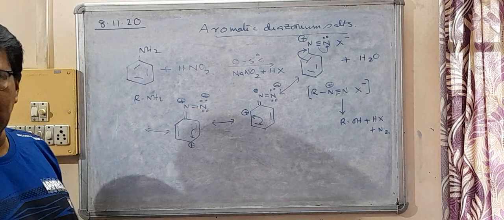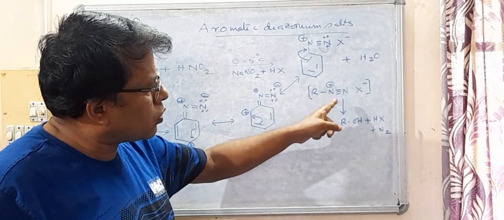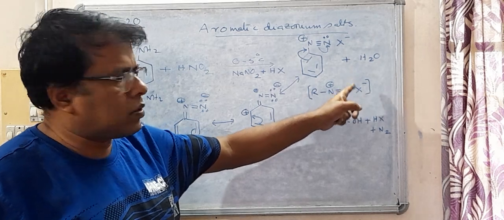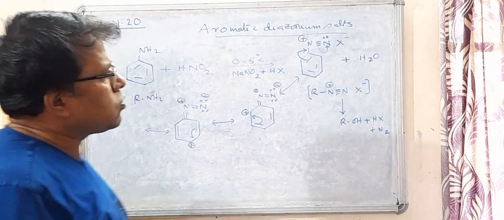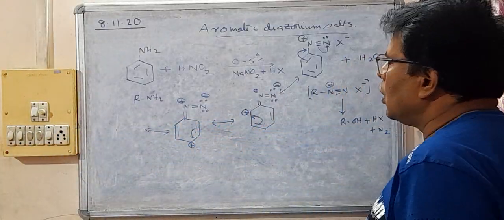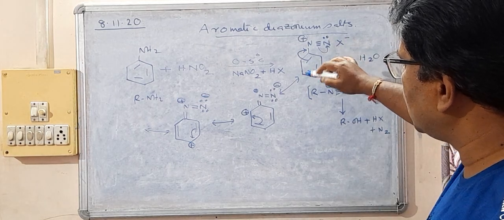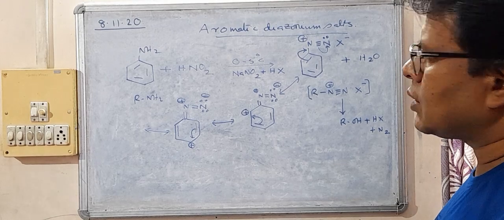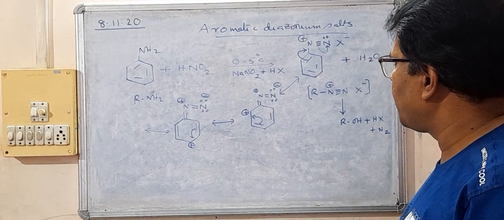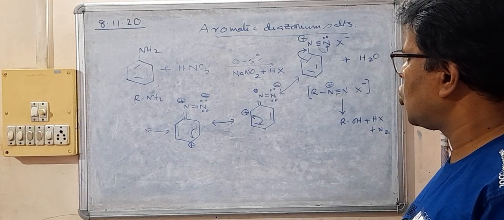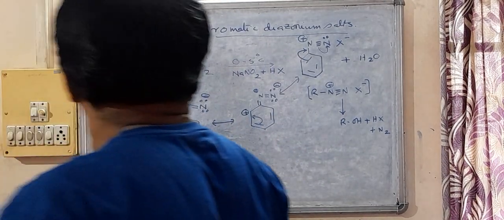So in this way resonance takes place, and that's why aromatic diazonium salt is stable. Such resonance cannot take place in aliphatic diazonium salts. Okay. Now as far as reactions of diazonium salt are concerned, you have to know that this diazonium group can be replaced by so many other groups, so those reactions you should know.